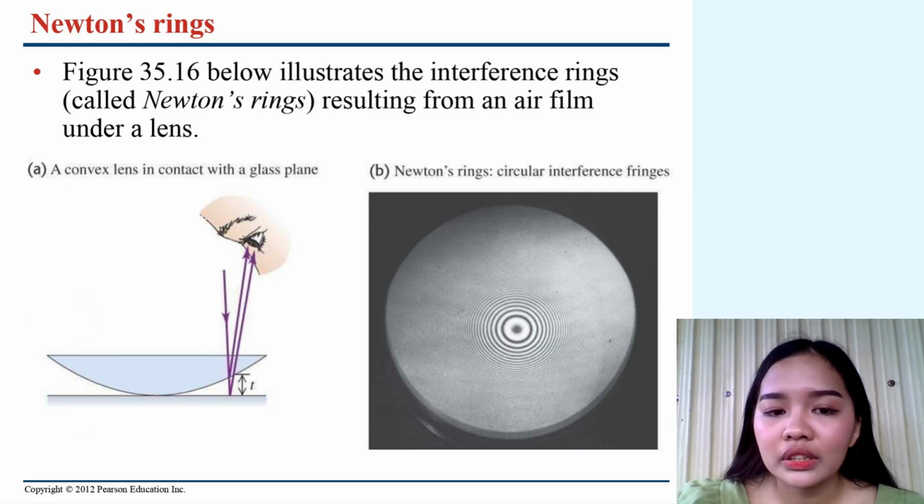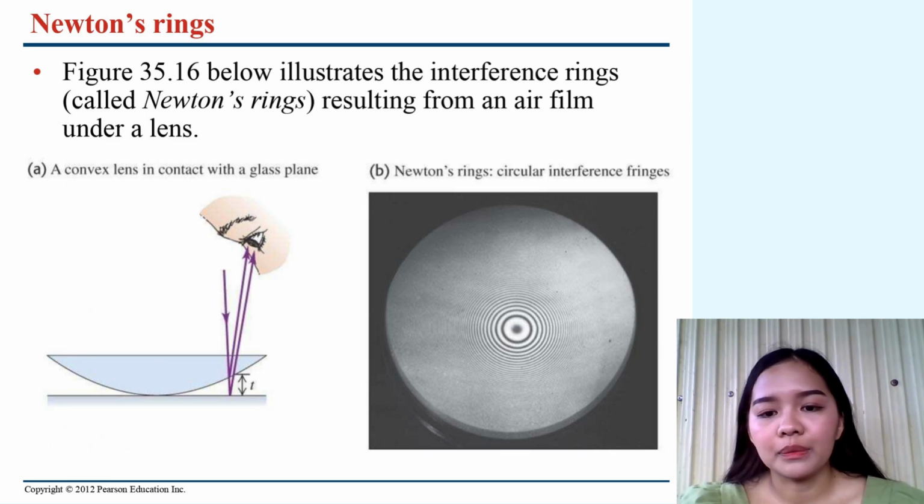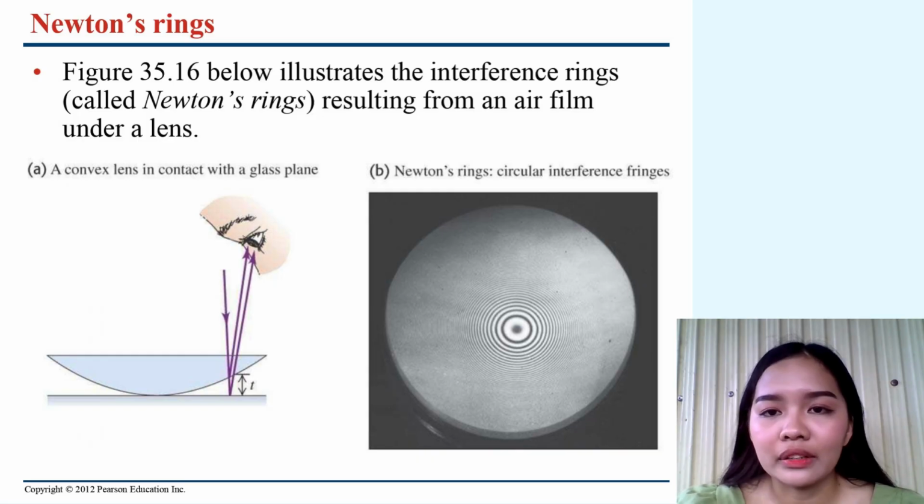So for the result, instead of straight fringes, you get perfect concentric rings. The center is dark because of the phase shift rule we just discussed. This pattern was studied by Newton, though he couldn't explain it because he didn't believe light was a wave.